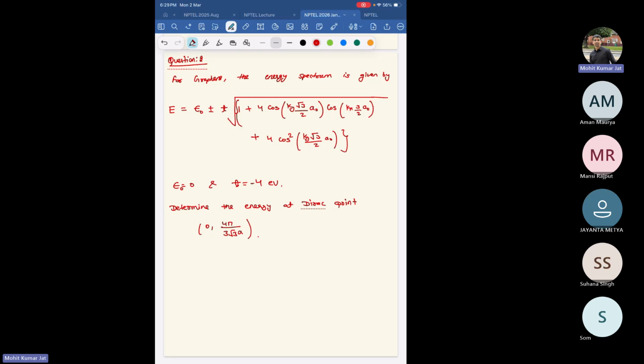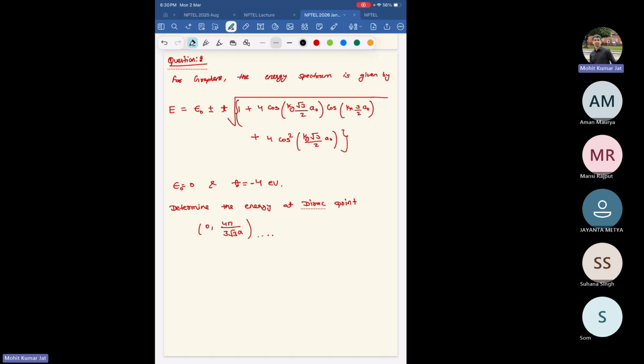Can anyone tell me what will be the answer for this one? This one we have discussed while estimating the first question, how we extract the Dirac point coordinates, and it's just the reverse of it. So in this case, we are asked to determine the energy given the Dirac point.